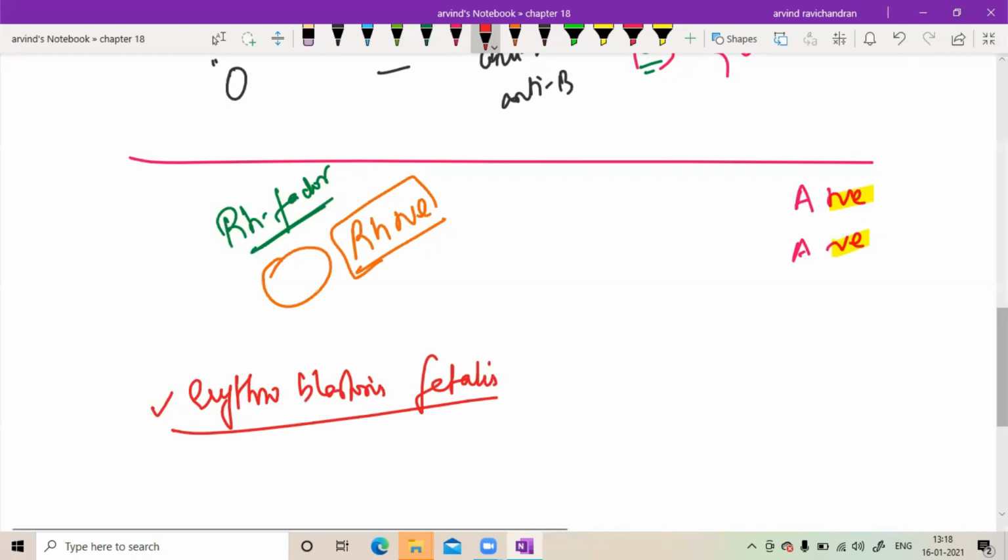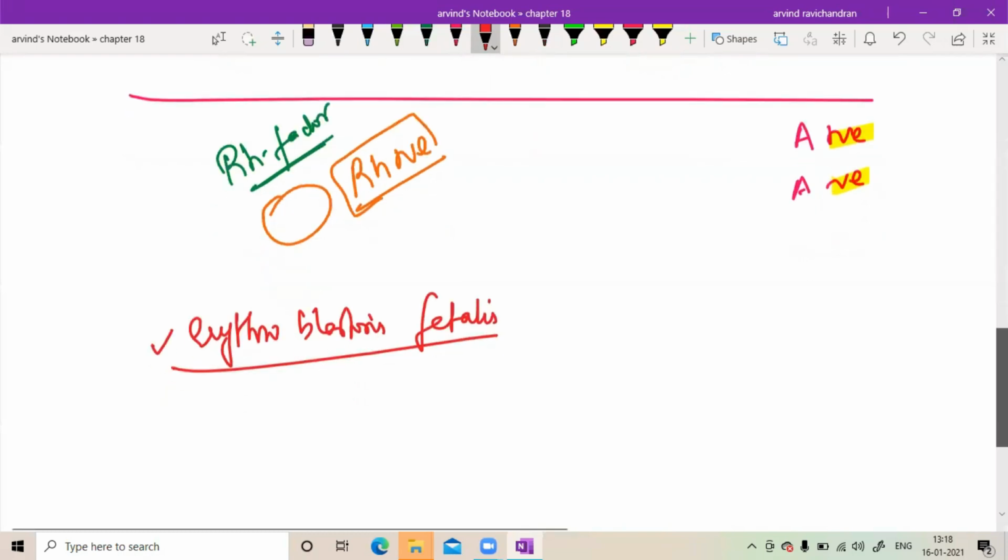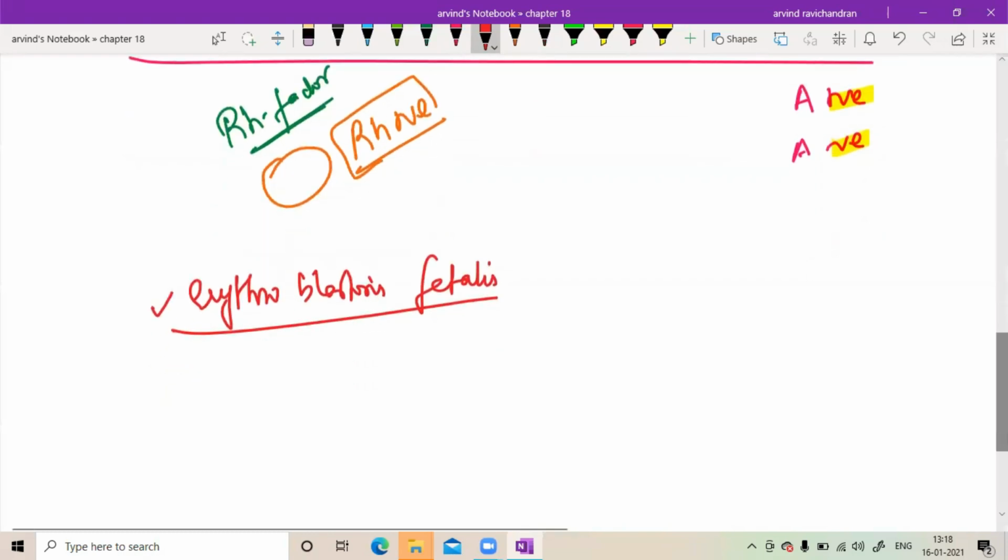Now, let us try to understand this based on the Rh factor itself. Before getting into erythroblastosis fetalis, this Rh has to be matched even for blood transfusion. In the above ABO blood grouping, we have just told that an A blood group person can receive blood only from an A blood group person. I have not mentioned the Rh factor. You need to look for even the Rh factor. That is very important. Let us try to see what happens.